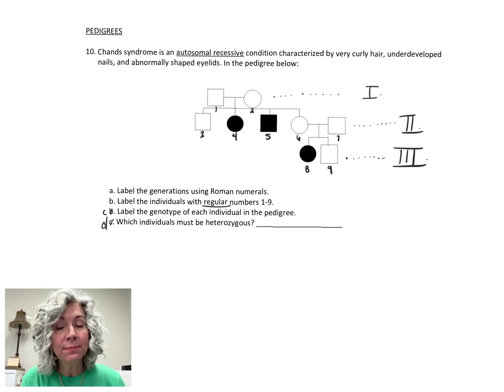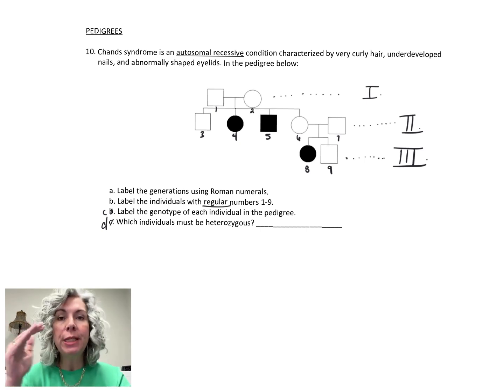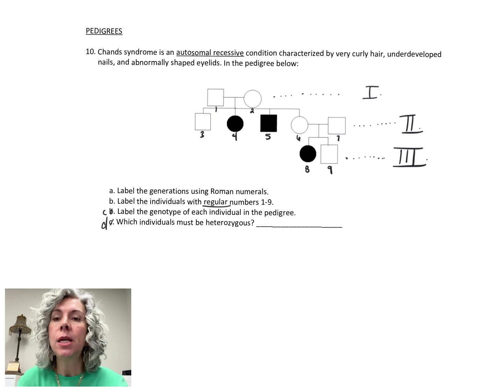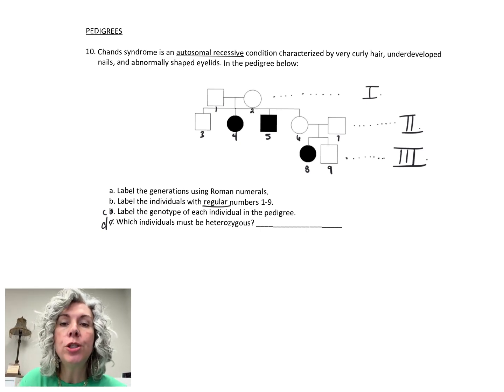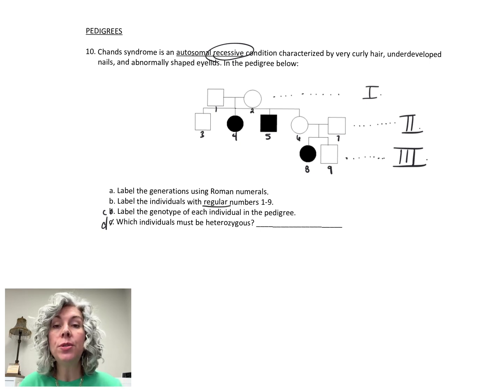Letter C, label the genotype of each individual in the pedigree. The genotypes. Okay, let's go back up to number 10 and look at these traits. Chan's is an autosomal recessive. All right, recessive. So let's use the letter C for Chan's.